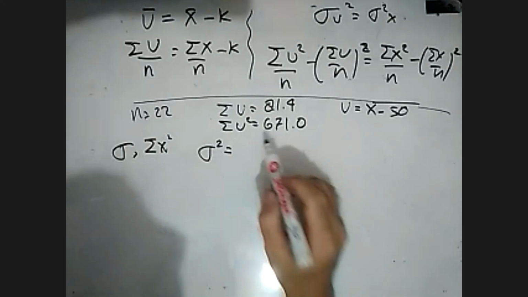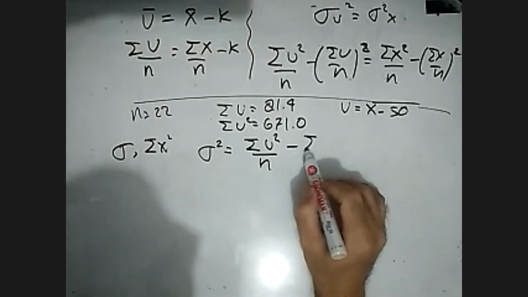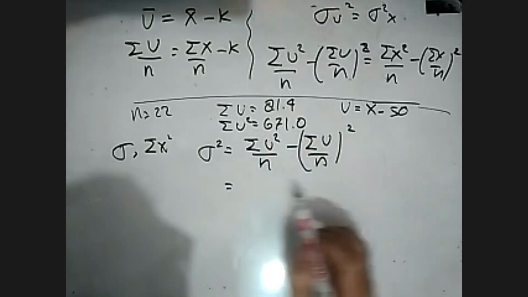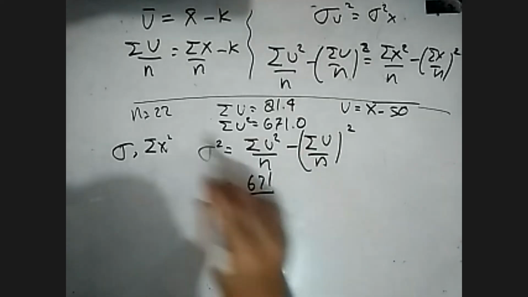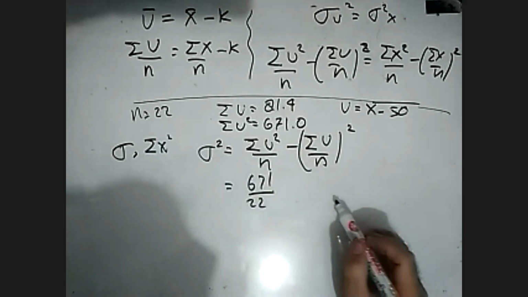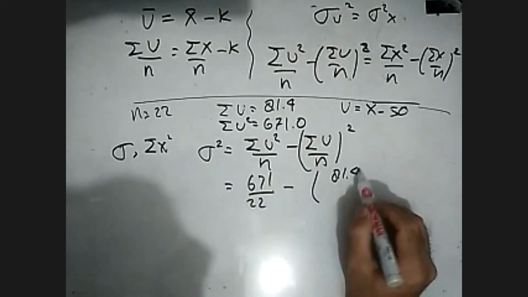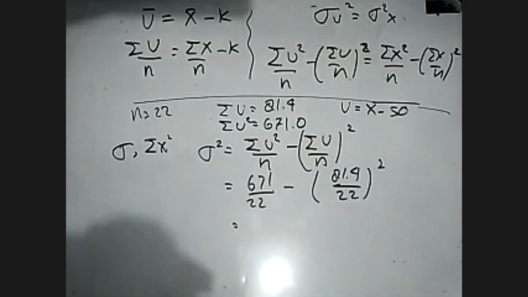Variance is sum of the u squared over n minus (sum of the u over n) squared. Sum of the u squared is 671 over 22, minus 81.4 over 22, squared.